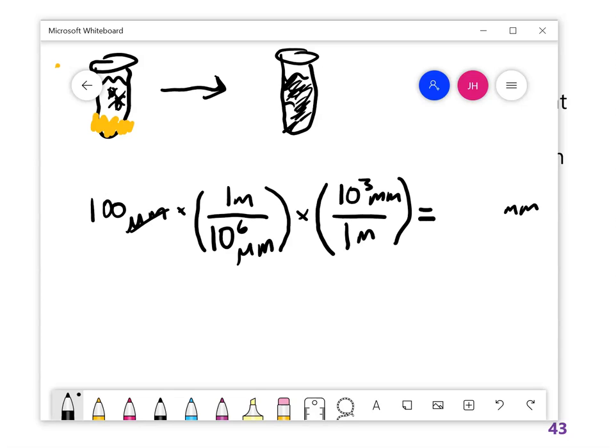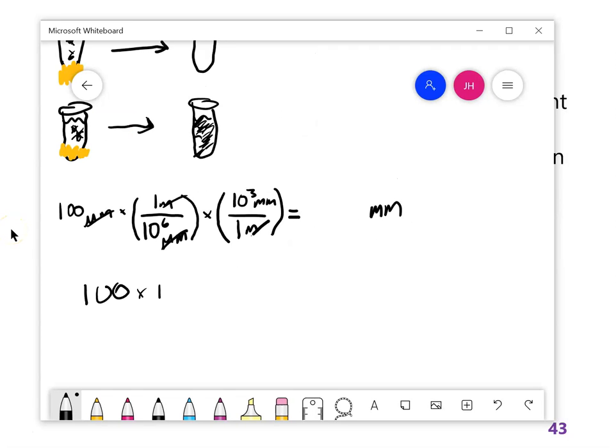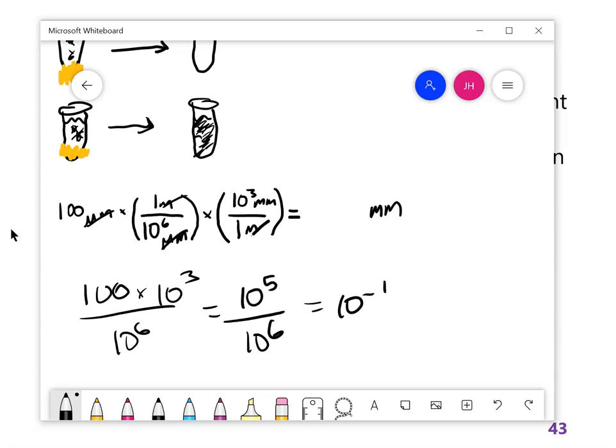Because I can cancel micrometers, I can cancel meters, and then I'm just looking at powers of 10. I'm just counting zeros. 100 times 10 to the 3rd divided by 10 to the 6th, that is 10 to the 5th divided by 10 to the 6th. It's 10 to the minus 1. So 100 micrometers is 10 to the minus 1 millimeters.